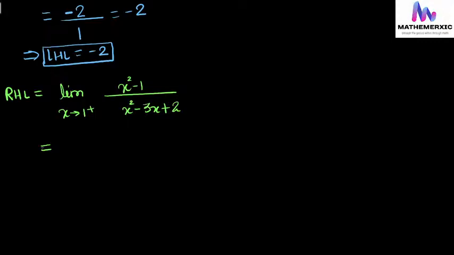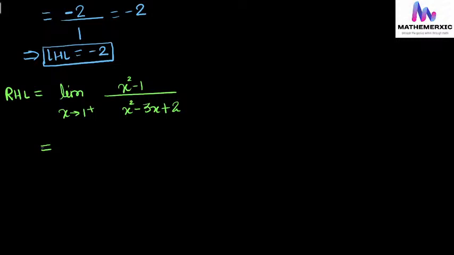Now whenever for left hand limit we say it is 1 minus, in that case we keep h tends to 0 and we write 1 minus h.